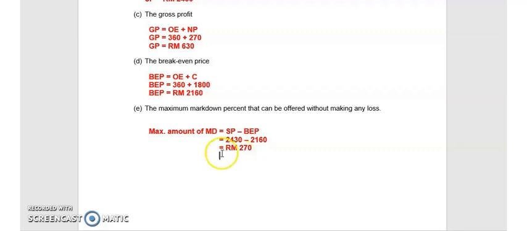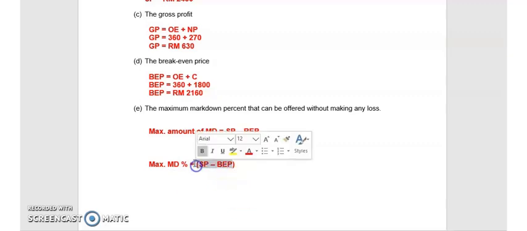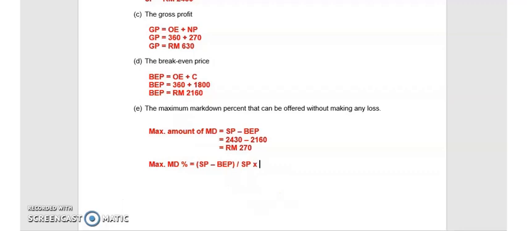Now we want to express this amount in terms of percentage. The formula just now: maximum markdown percent equals original selling price minus break-even price, which is the maximum amount of markdown, divided by selling price, then multiplied by 100. So what is the maximum markdown percent?